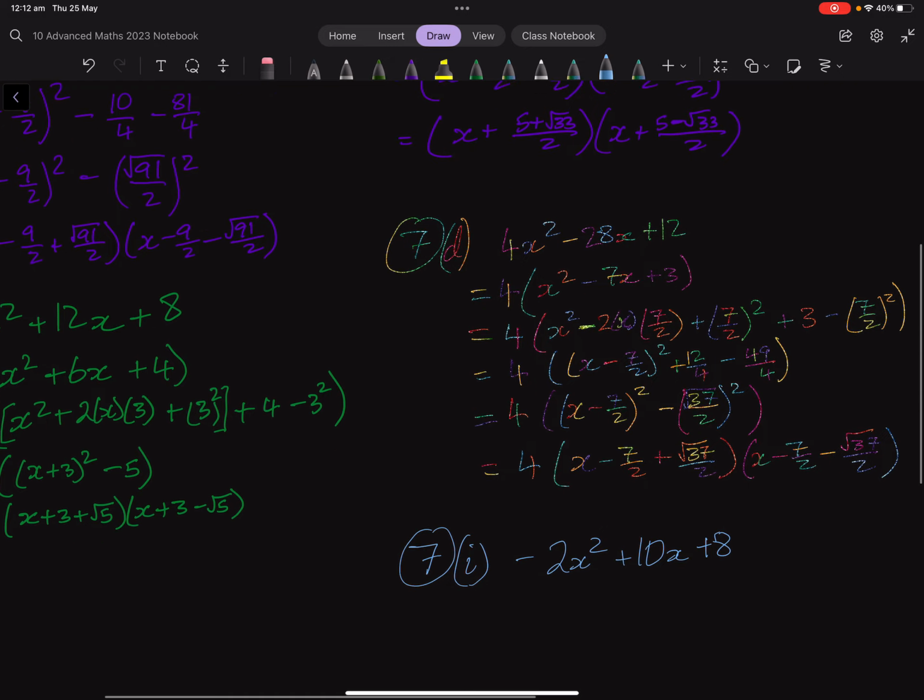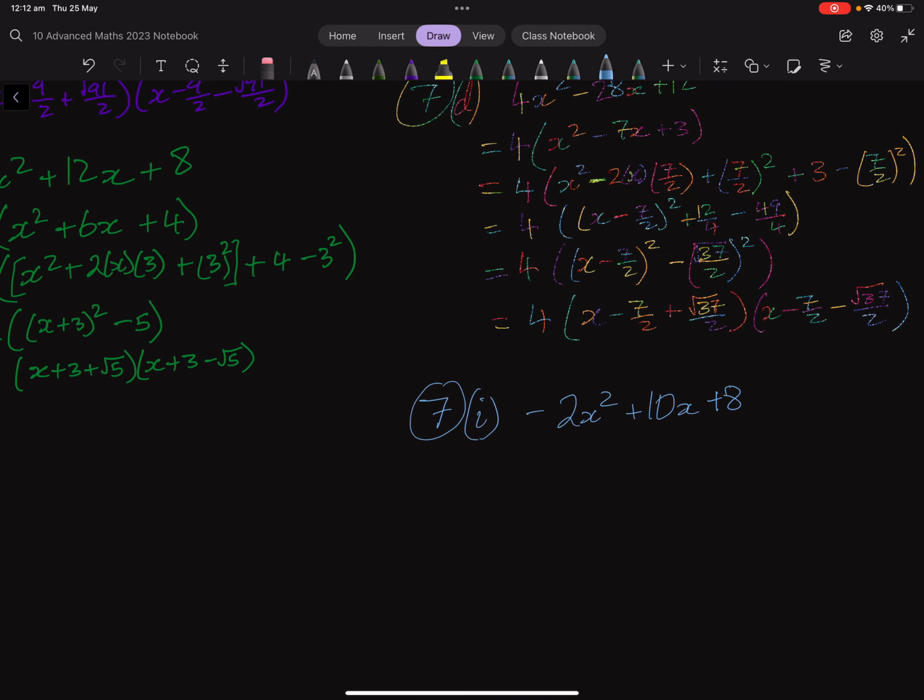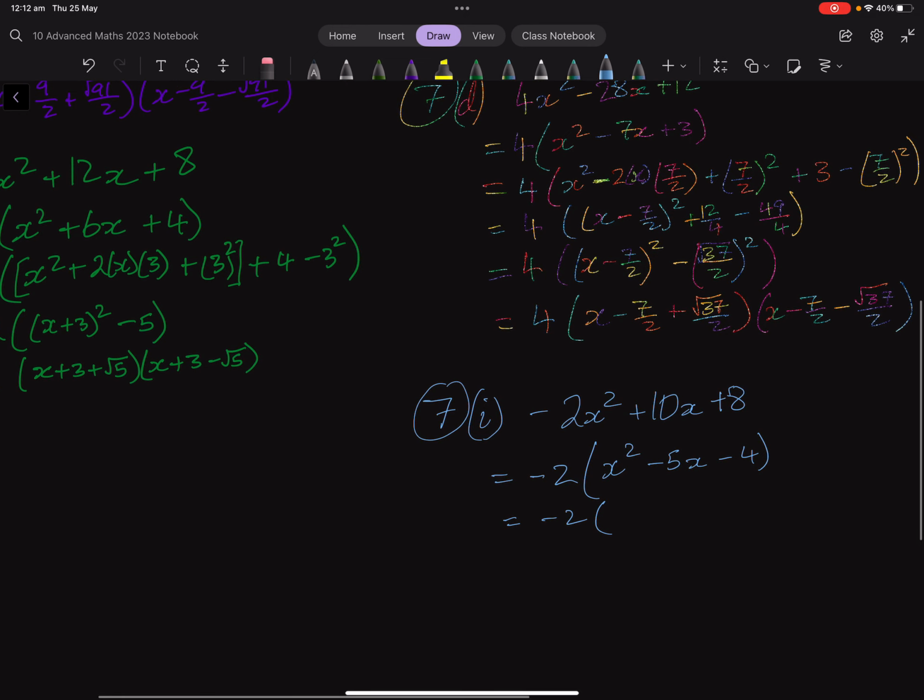All right, again, I want to take out that coefficient as a common factor. This time it's negative 2, so I put negative 2 in front of my brackets. That's going to leave me with x squared minus 5x minus 4. The negative 2 stays out the front. I get it in the form of a perfect square, so it's x squared minus 2 times x multiplied by 5 over 2.